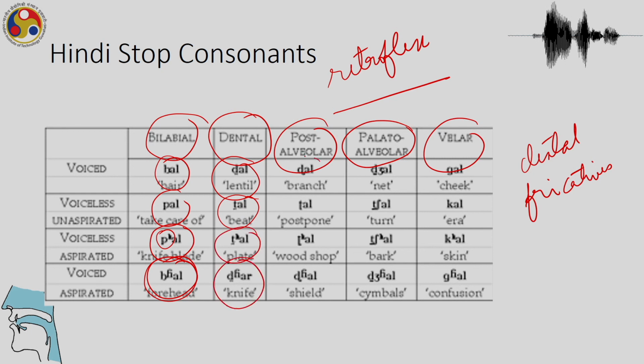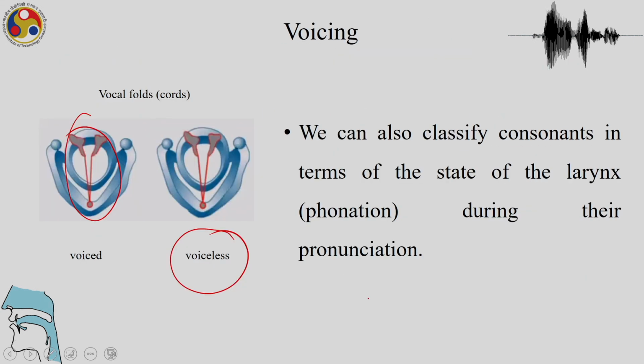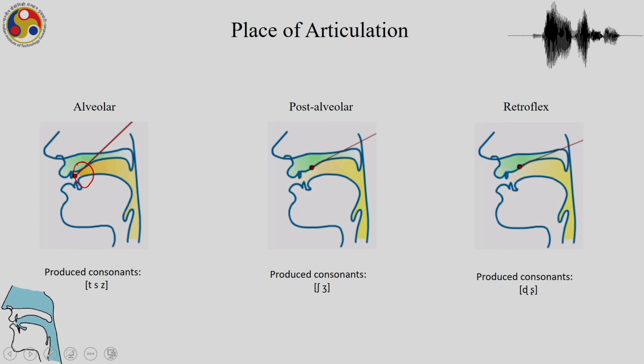Again in the post-alveolar part, you have dal, tal, thal, and dhal. Now this is where it becomes interesting, because these sounds are produced by what is called retroflexion. What is retroflexion? Let us go back to one of the previous slides. So this is a retroflex.